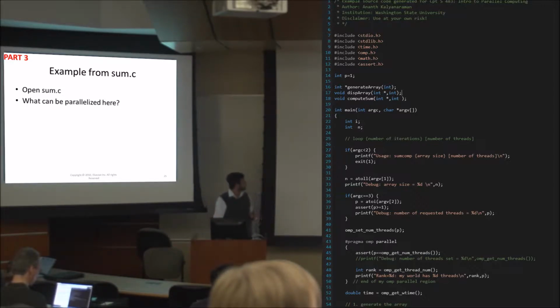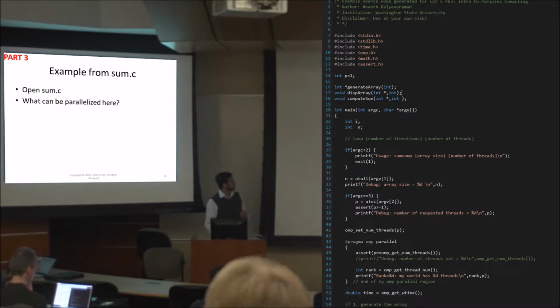So the main function here basically takes the arguments from the user and says I want to initialize an array of this size. This is my n, the input size, and the number of threads I want to use for parallelism. And we'll use the letter p for number of threads, number of processes, or number of processors. That's the standard notation that people use.